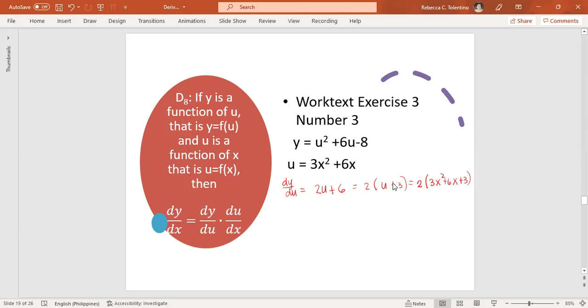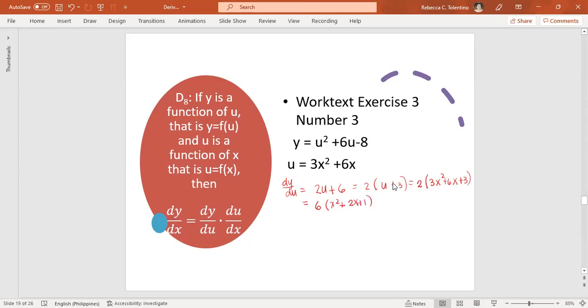Now, if you look at all the terms inside the parentheses, we can clearly see that there is a common factor, and that common factor is 3. So we can take out 3 from the terms inside the parentheses and multiply that common factor by 2. So that what we'll have is 2 times 3, it becomes 6. And what remains inside the parentheses is x squared plus 2x plus 1.